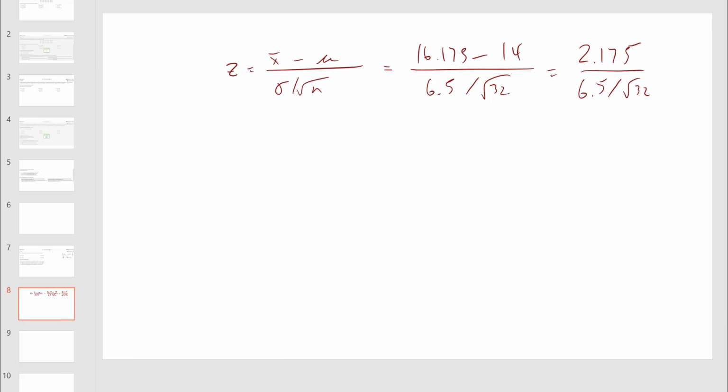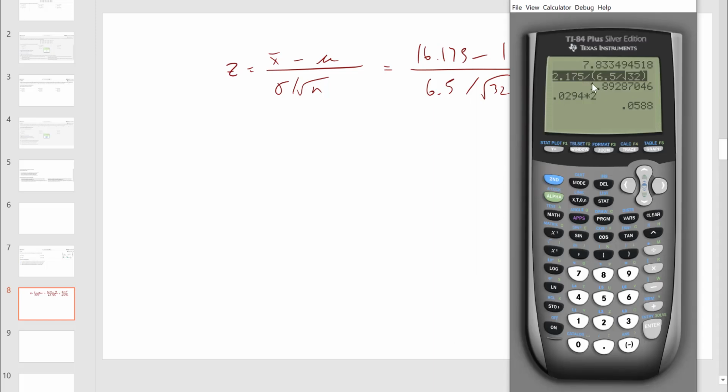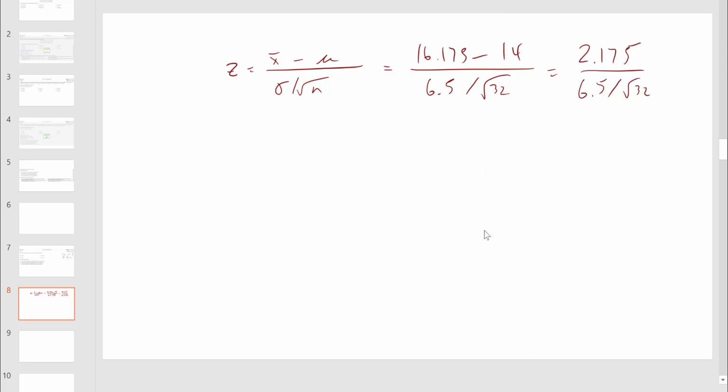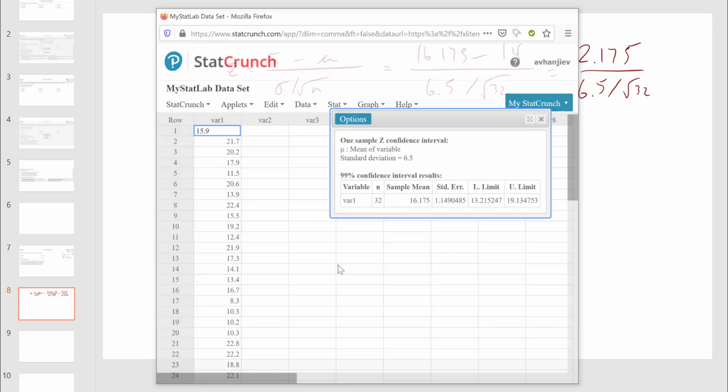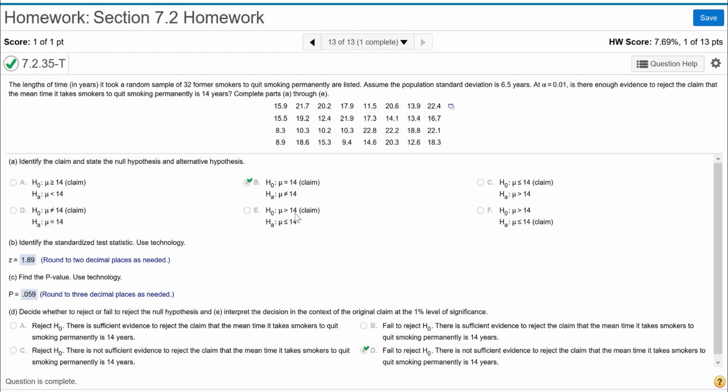I did it earlier here. I get 1.89. There's my number. I'm going to punch that in to this right here. And there it is. 1.89 is what I got.